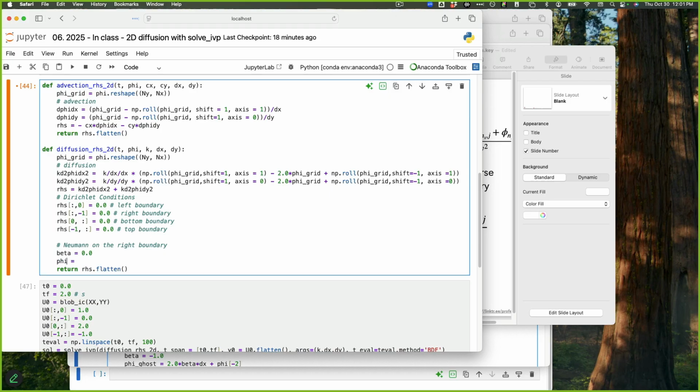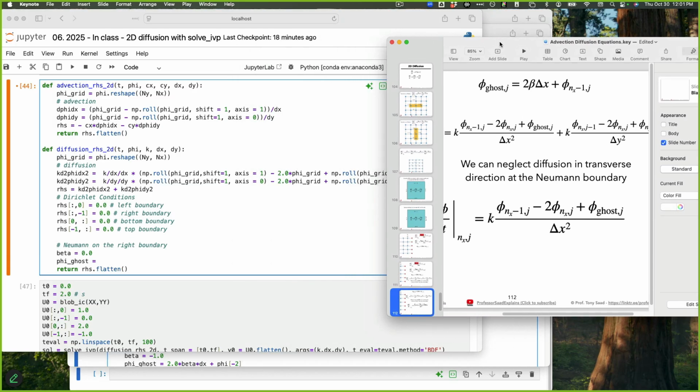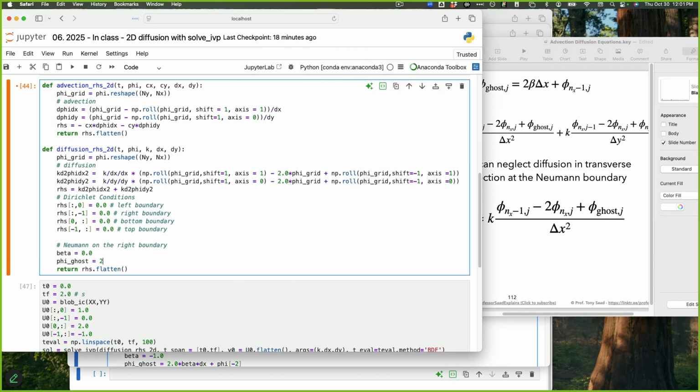So phi ghost is equal to 2 times beta times dx, plus now I have phi grid.